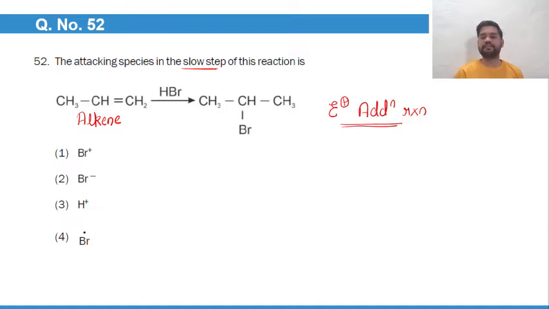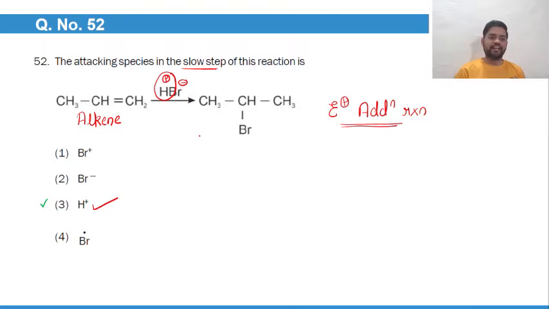Bond breaking always requires energy, and it is the slowest step. Hence in this reaction, when the electrophile attacks on the alkene, that will form the slowest step of the reaction. If I talk about the electrophile, Br will get a negative charge whereas H will get a positive charge. So in this, the electrophile is H+, and hence the attack of H+ will form the slow step of the reaction. So question number 52, option number 3 is the right answer.